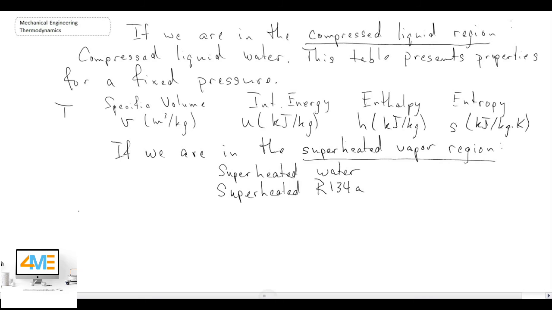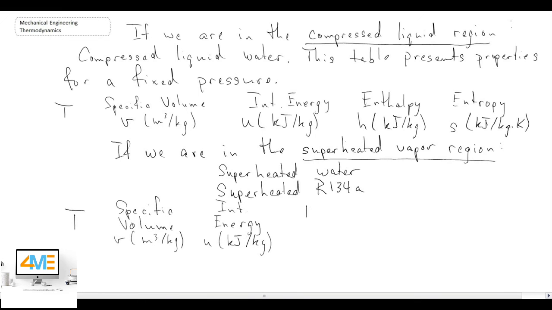And so what is being presented then is temperature, specific volume, and that's going to be little v in units of meters cubed per kilogram. Just like before, internal energy, and that will be symbol little u, kilojoules per kilogram.